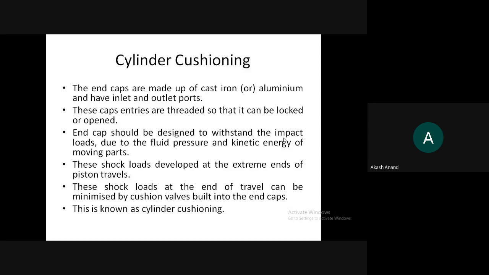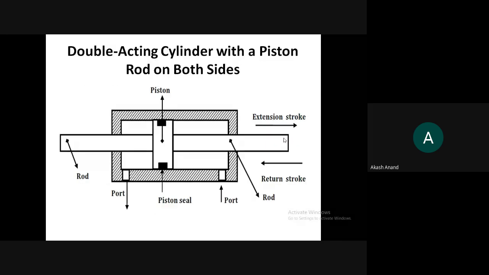What might be the reason for using this type of cushion in the cylinders? Because of the movement of the piston. For example, if you take a hydraulic system, 700 bar of pressure will be acting on one side of this piston. It will be a comparatively high value of force, a higher magnitude of force acting on the piston.